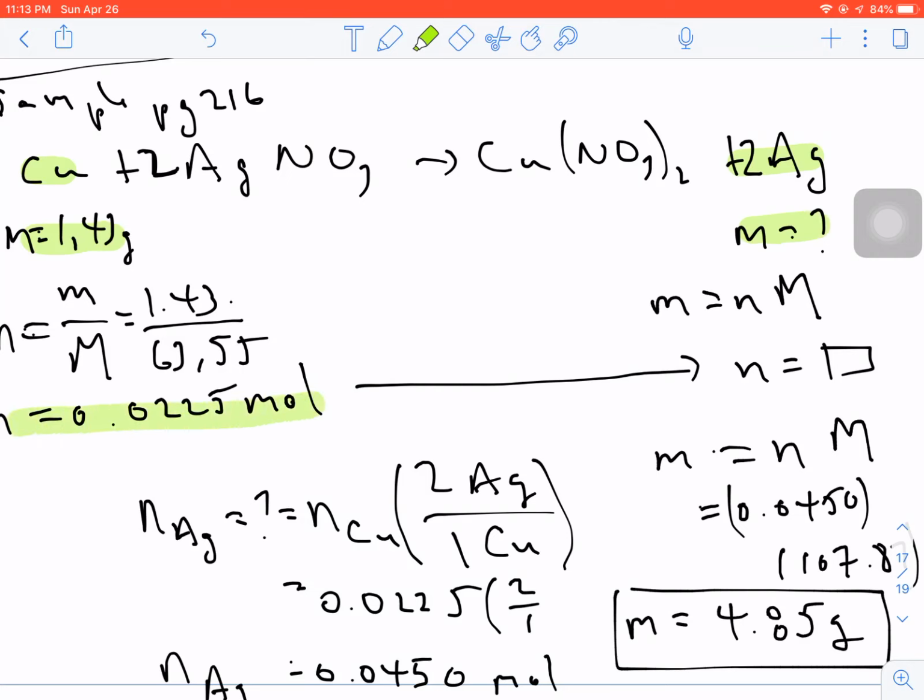Step 3, use the mole ratio to find the number of moles over here. And then step 4, use the molar mass to calculate your unknown mass, which is what the whole question was about in the first place. Now be careful not to use 2 silvers for your molar mass. Right? That would be 2 moles. I want the mass of 1 mole, which is what the periodic table tells me is 107.87.